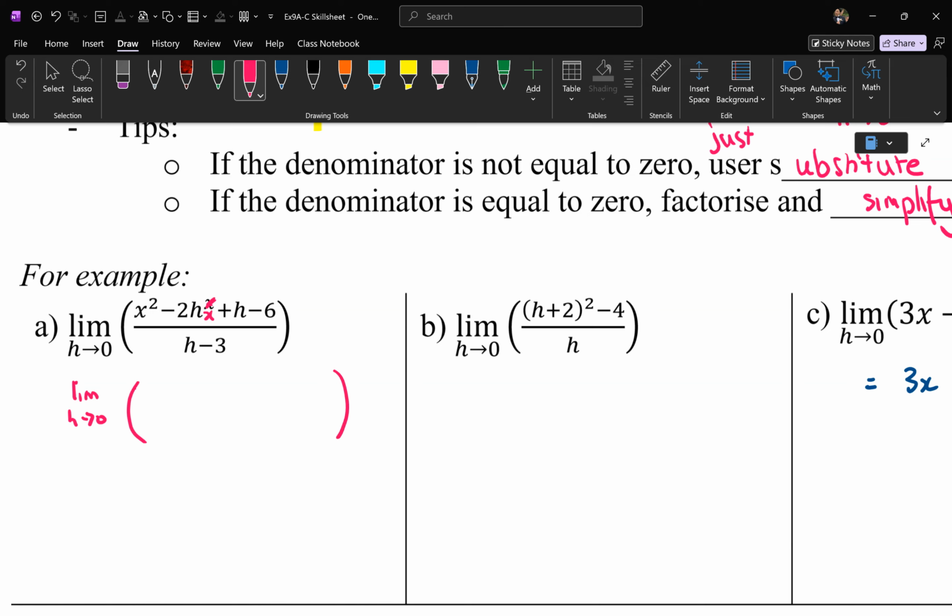What we're going to do is we're going to try to simplify this expression to make it smaller and then see what happens when h approaches 0. Here we go. Take out x as a common factor. You get this: hx minus 2h, h minus 6. That doesn't seem to make much of a difference, actually.